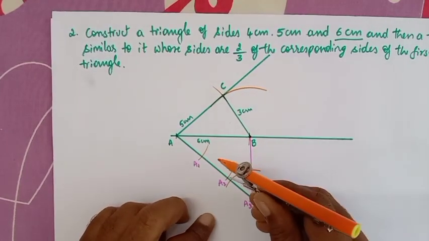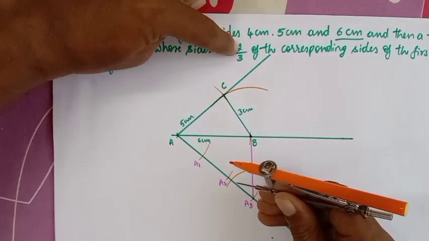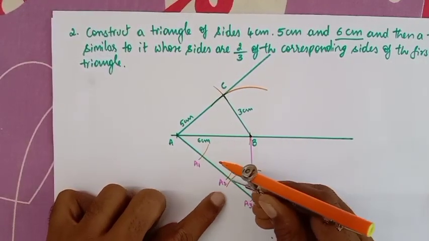We should draw another arc, as mentioned, 2. So we should begin with 2.